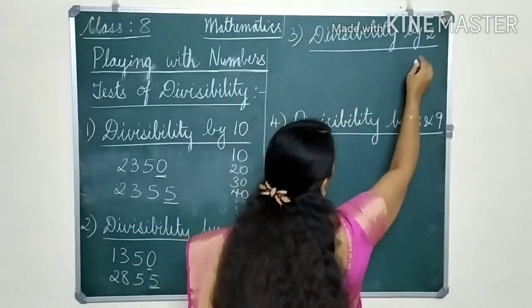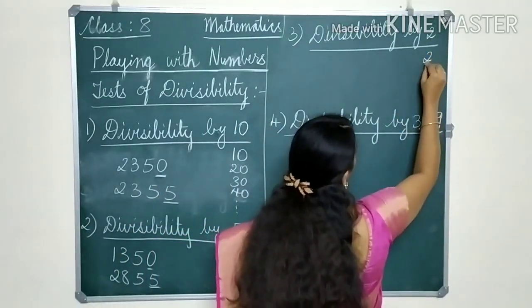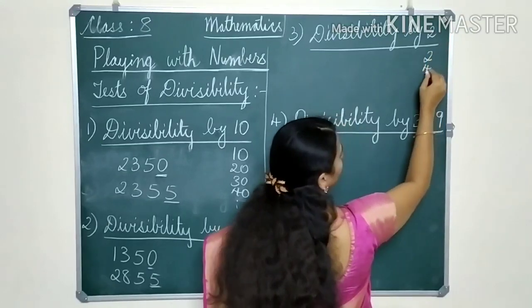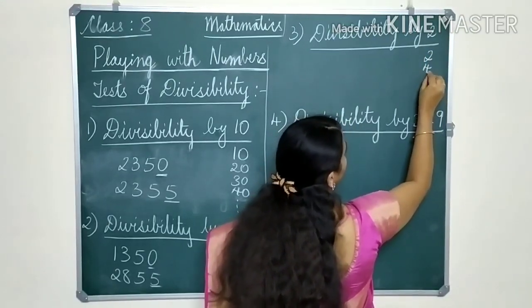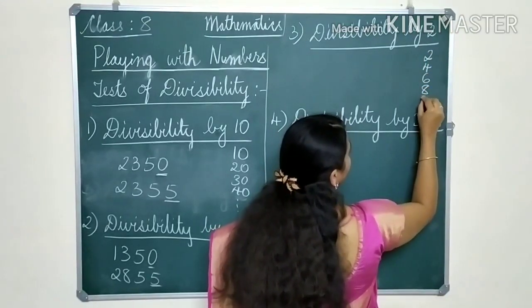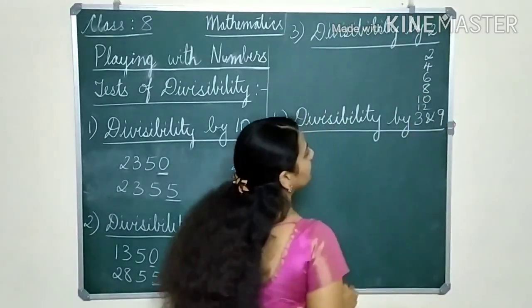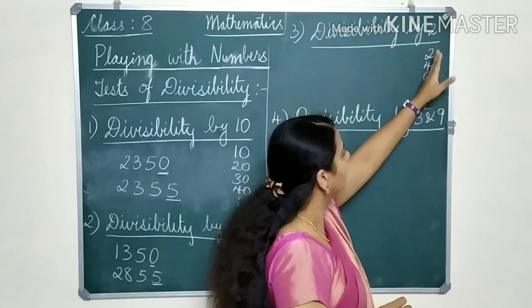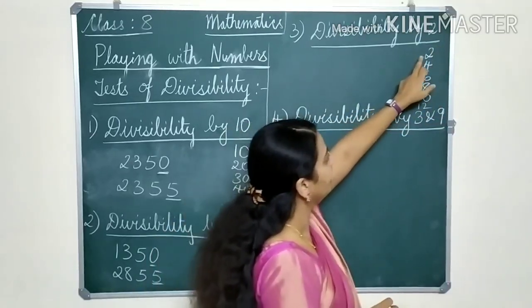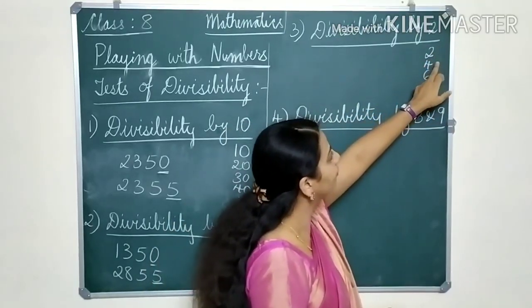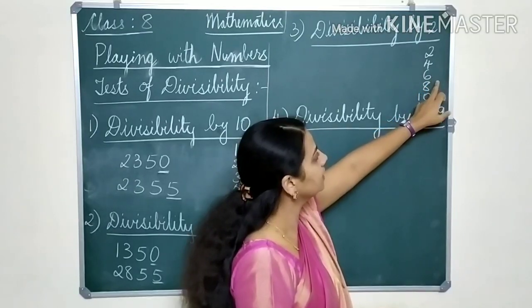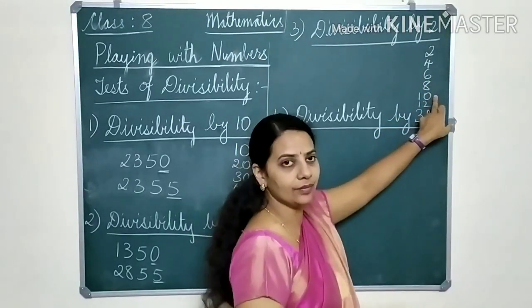Here consider the multiples of 2. 2, 4, 2 ones are 2, 2 twos are 4, 2 3s are 6, 8, like this. It goes on, right? Now if you consider the last digit here, it has to be either 2, 4, 6, 8 or 0.